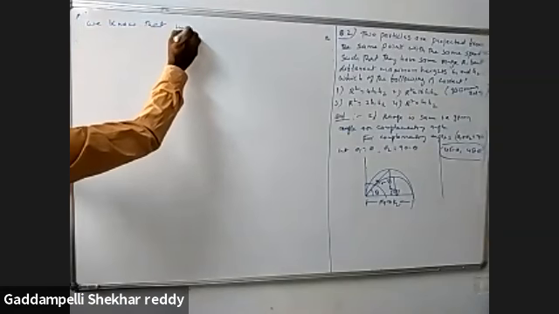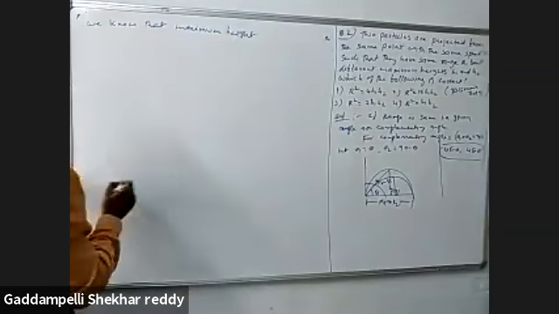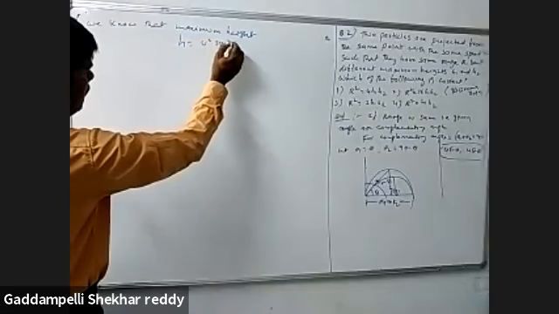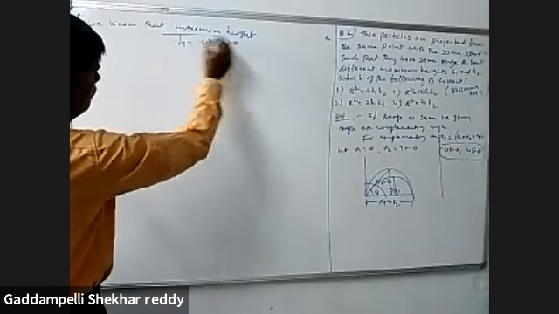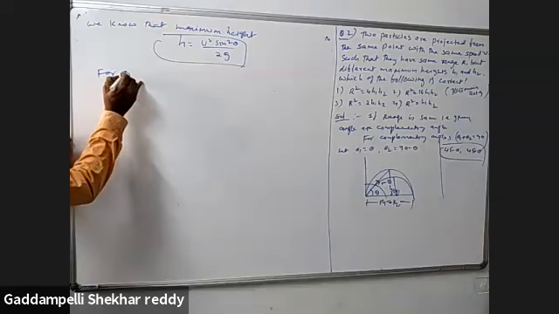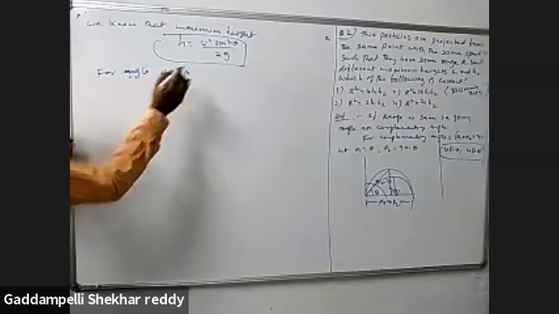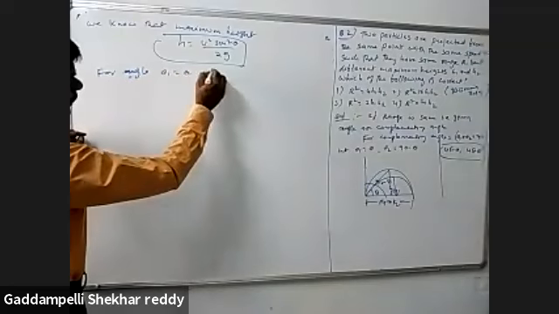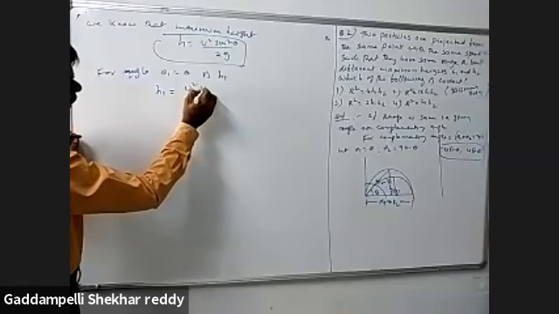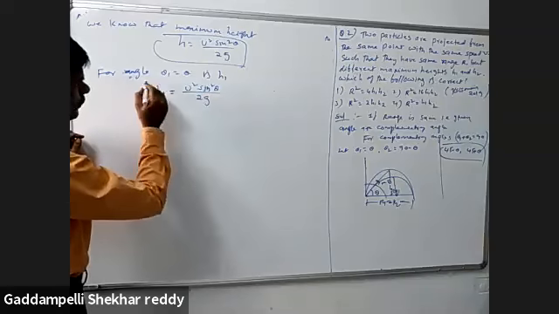We know that the maximum height H is equal to u square sin square theta by 2g. For angle theta 1 equal to theta, the height is h1. So h1 is equal to u square sin square theta by 2g. Let this be equation 1.